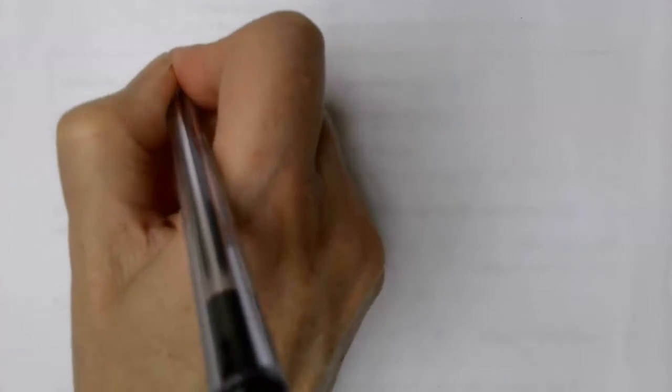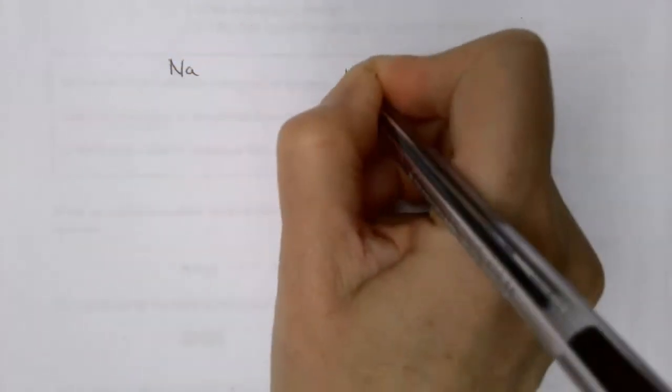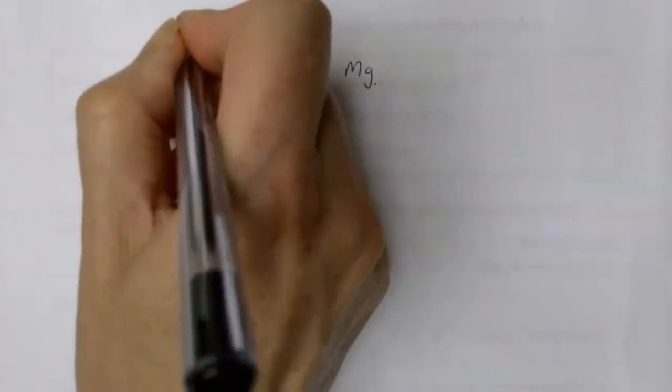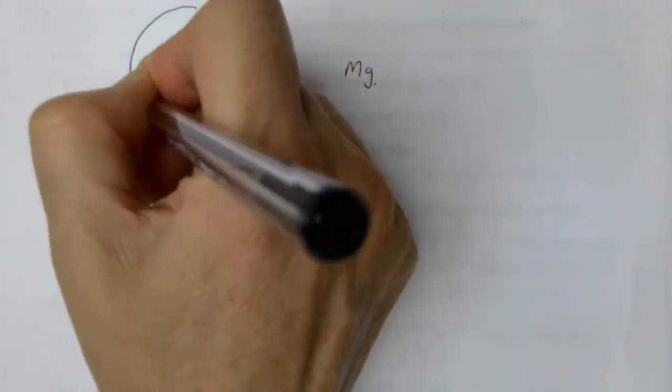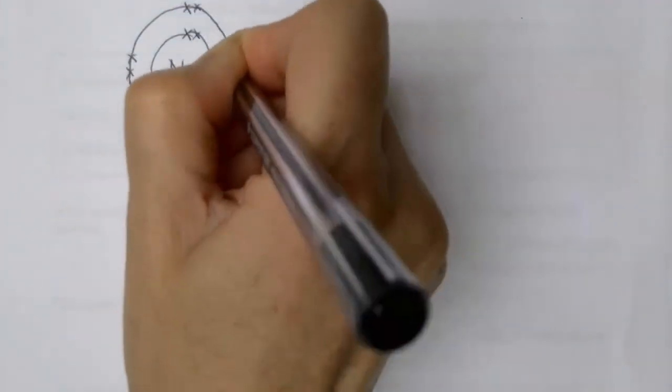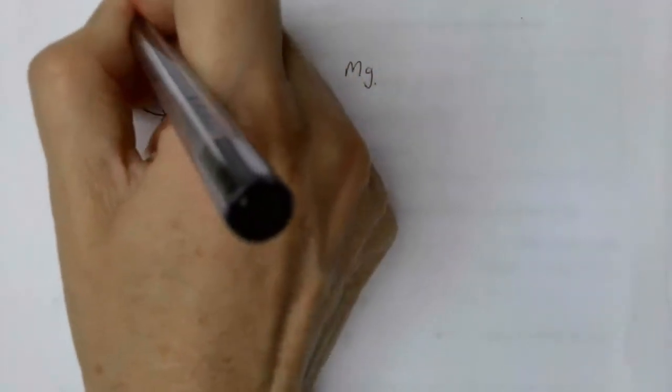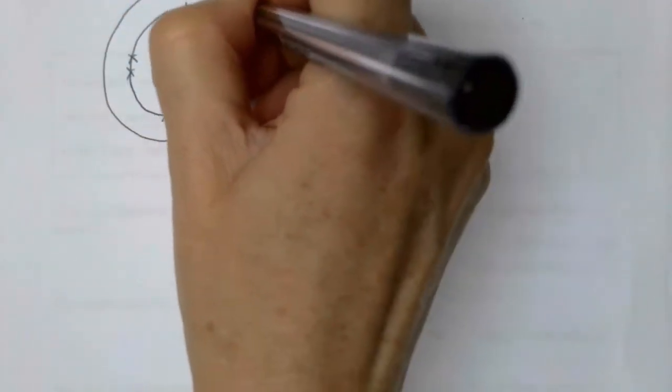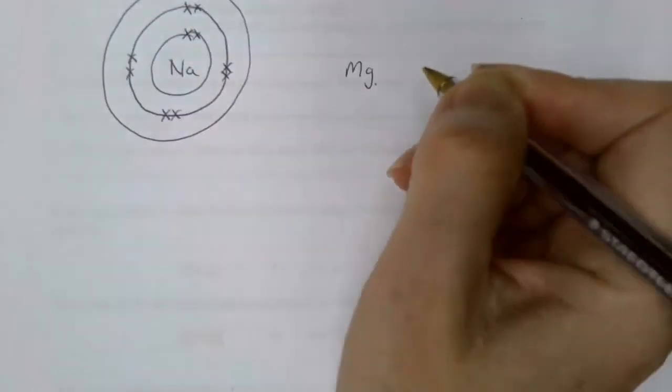So let's think about the electron structure of both of these. And I'm just going to use dot cross diagrams for sodium and for magnesium. So sodium has 2 electrons in its first shell, and then it has 8, and then it has 1 in its third principal quantum shell.